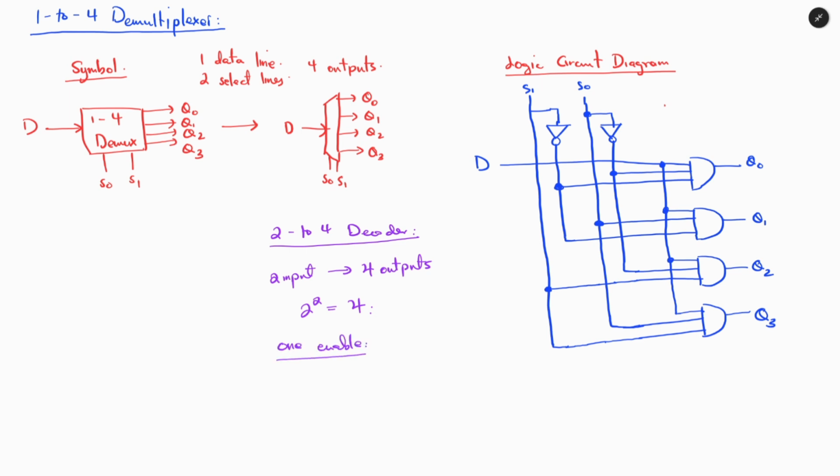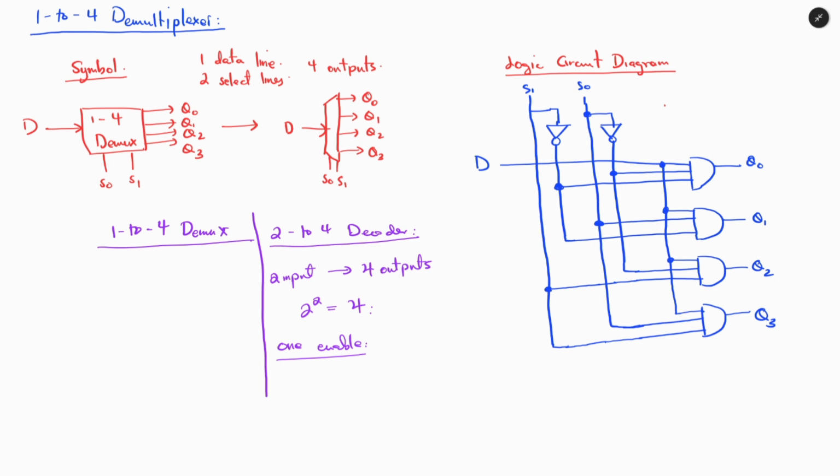This can be seen from this circuit diagram, where in the 2 to 4 decoder we normally have this 1 enable.